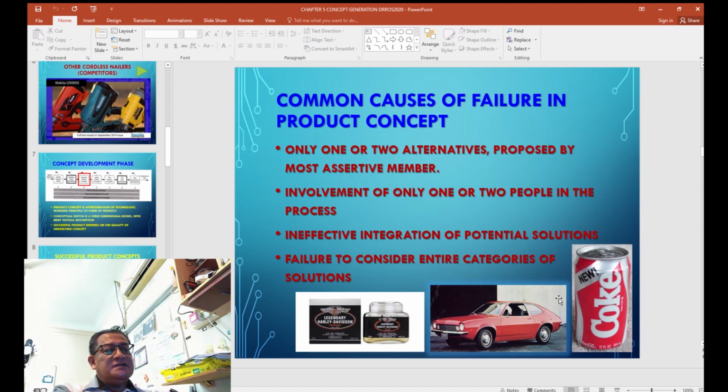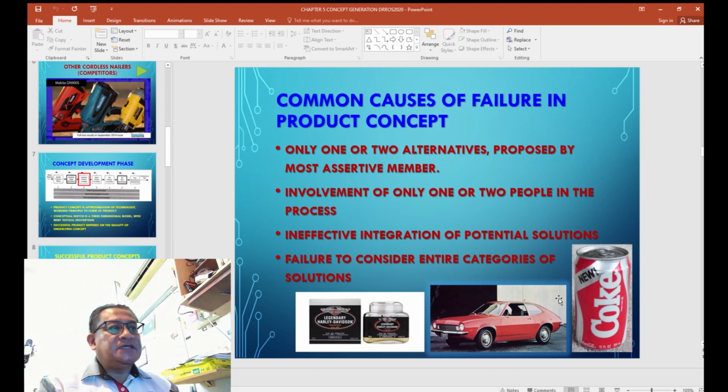However, even though it is small, it didn't meet the safety requirement, in which it is prone to catch fire when involved in an accident, especially if hit from the back. So the car easily caught fire and got burned. So this is another failing concept, the new Ford Pinto.